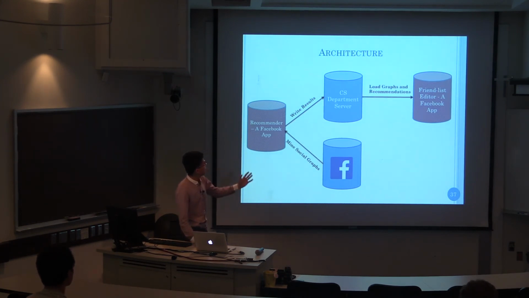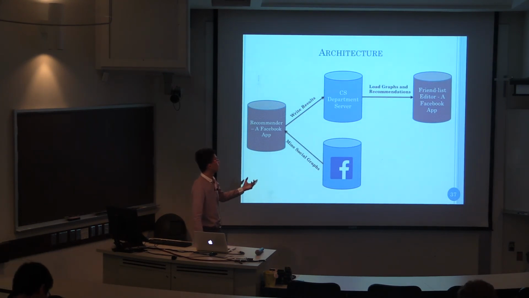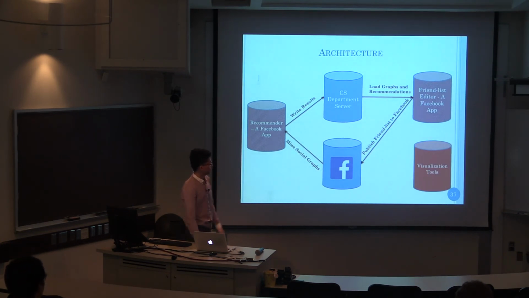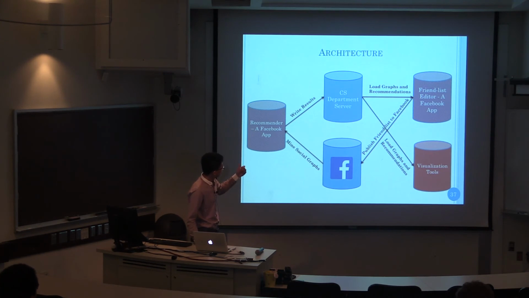It loads the graphs and recommendations from our server and displays them to the user as a Facebook app. The user can then push the friend list back to Facebook. And this is the visualization tool. It loads the graphs and the recommendations from our server and generates visualizations for the researchers.